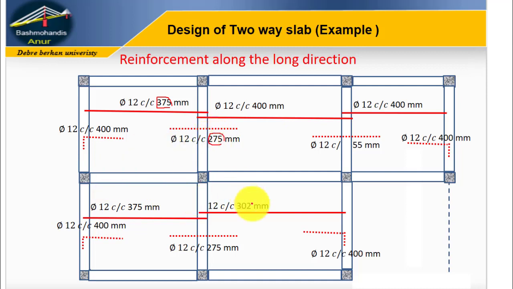At the discontinuous part, we have to take a minimum spacing. That's why I provided phi 12 center to center 400 mm. Using a similar procedure, you can put the detailing like this. Thank you for watching.